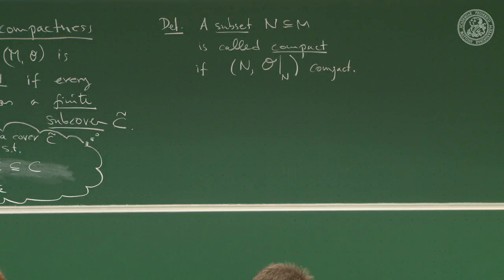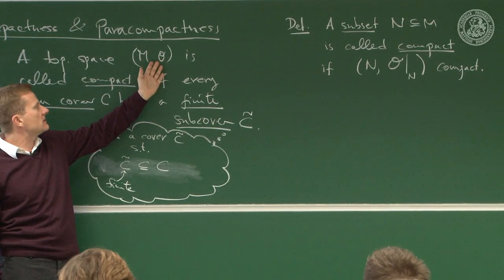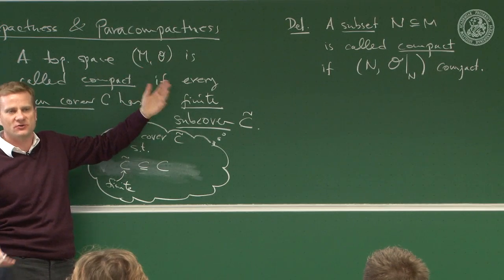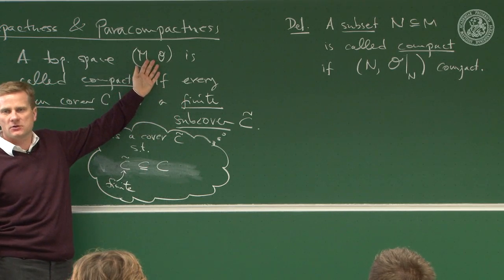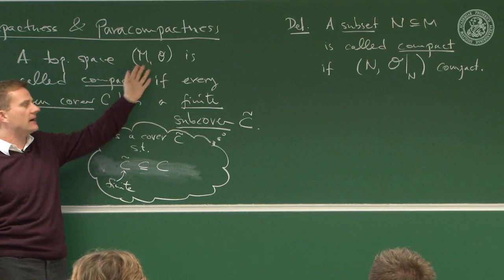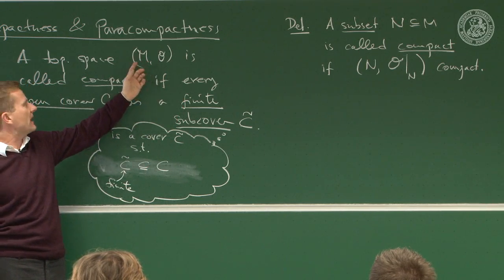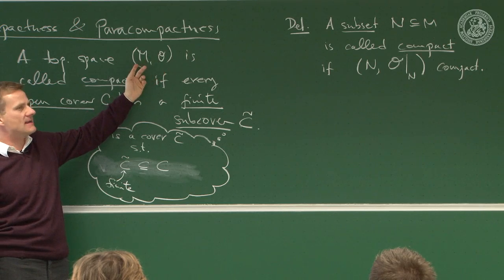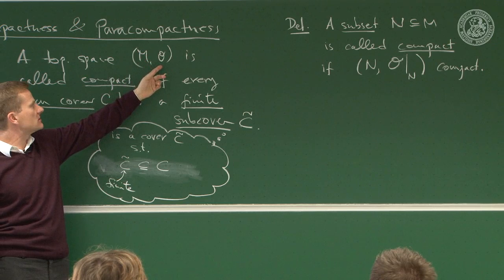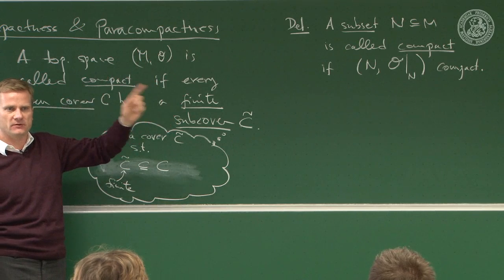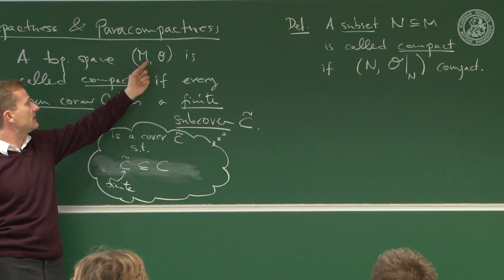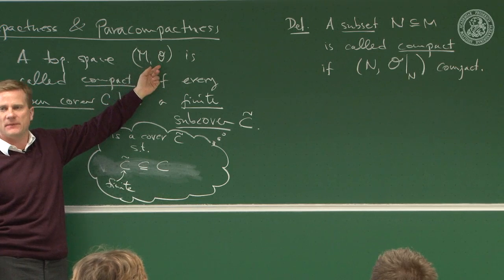Now, this cover and subcover business makes it manifest that compactness is a topological property. Any property that's defined only in terms of the topology is a topological property. In particular, if you have two homeomorphic topological spaces, they will share these topological properties. So if M is a topological space and N is also a topological space, and they're homeomorphic, so there exists a homeomorphism between them, an invertible map which in both directions is continuous, then if one of the spaces is compact, the other space is compact too.